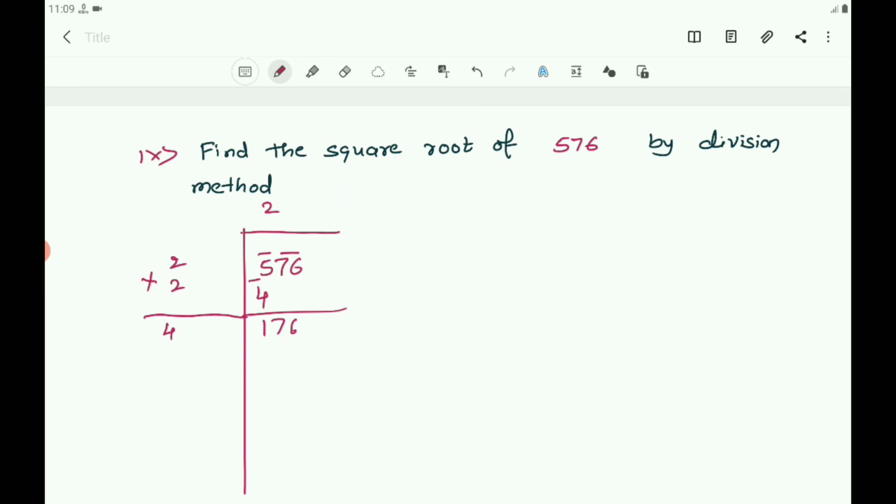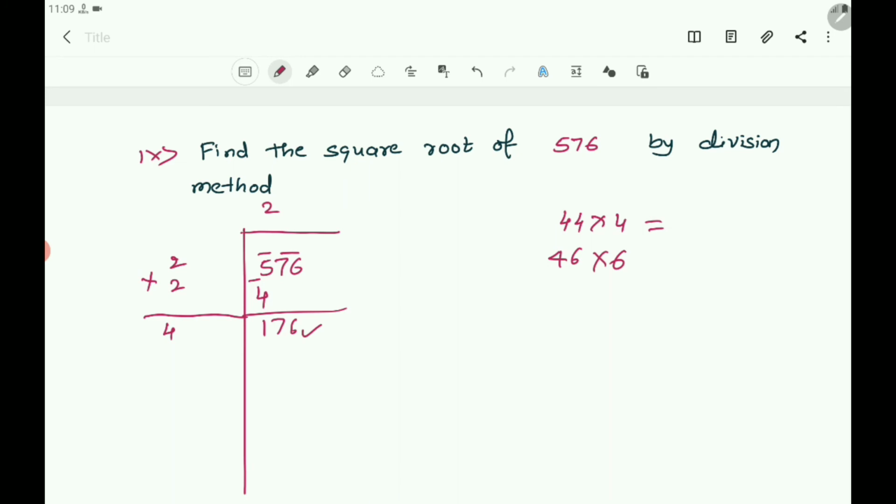Try to get 176. As the ending digit is 6, you must take either 4 in front of 4 and multiply it by 4, or you take 6 in front of 4, that is 46 into 6 or 44 into 4.